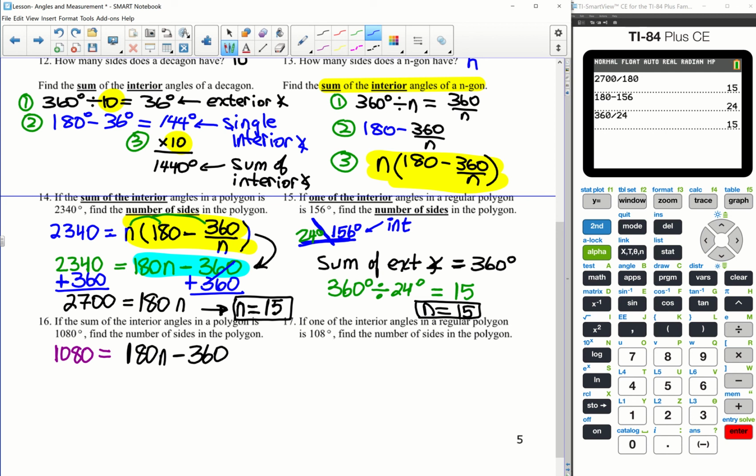All right, so I'm going to add 360 to both sides. So 1080 plus 360, 1440.